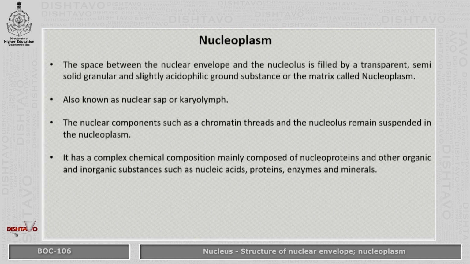Sometimes it is also called nuclear sap or karyolymph. The nuclear components like chromatin threads and the nucleolus remain suspended within this nucleoplasm. It has a complex chemical composition. Mainly, it contains nucleoproteins and other organic and inorganic substances like nucleic acids, proteins, enzymes and minerals.